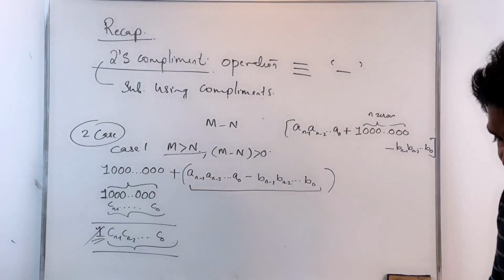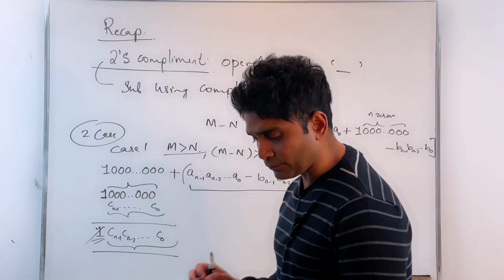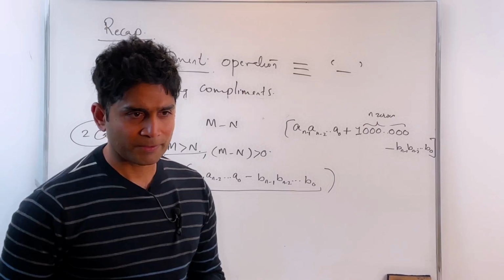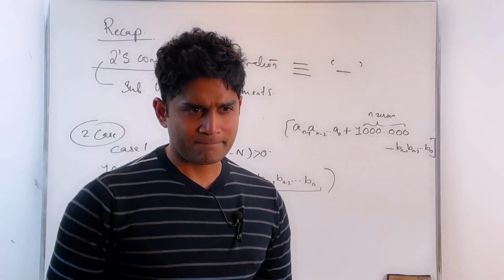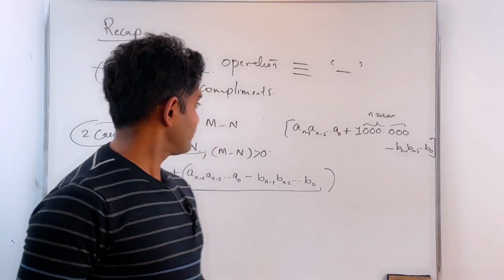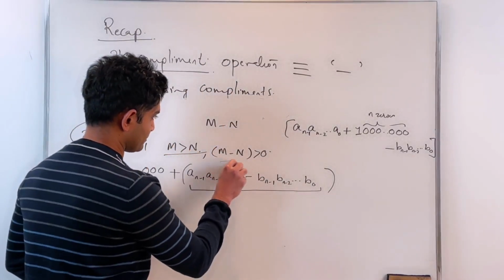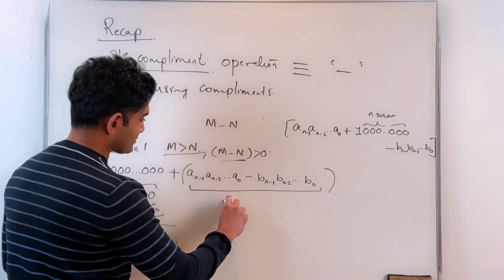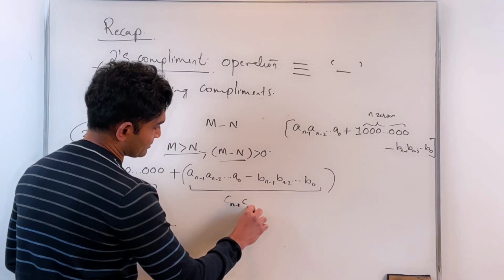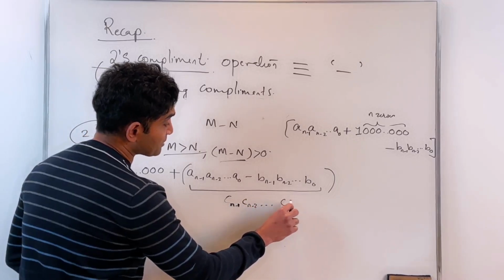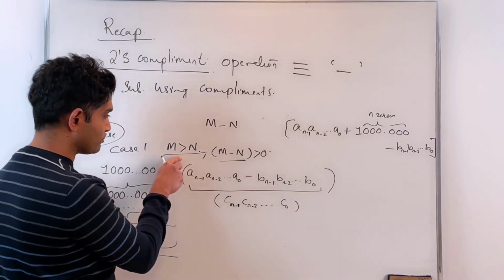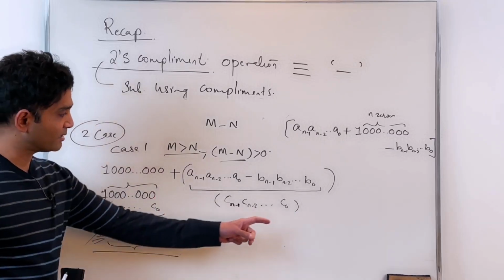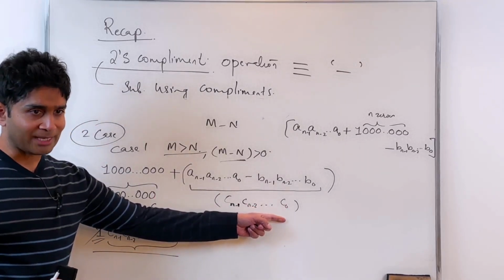All right, let me take a pause. Let me see if you understood what I just did. Does that make sense? We are interested in the M minus N result. Or in other words, this is my M minus N. I call this cn minus 1, whatever that result is, cn minus 2, c0, which is a positive result here because I assumed M to be larger than N. So as far as the operation is concerned, this is the answer I would like to get.